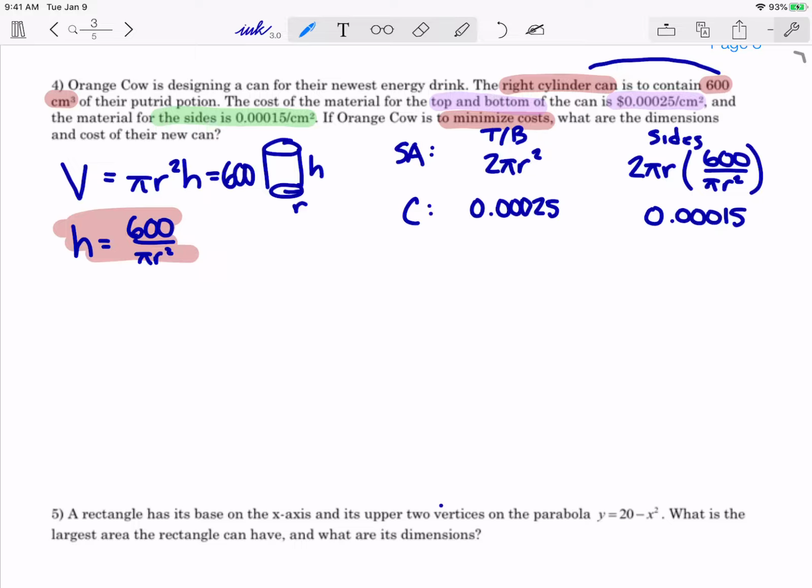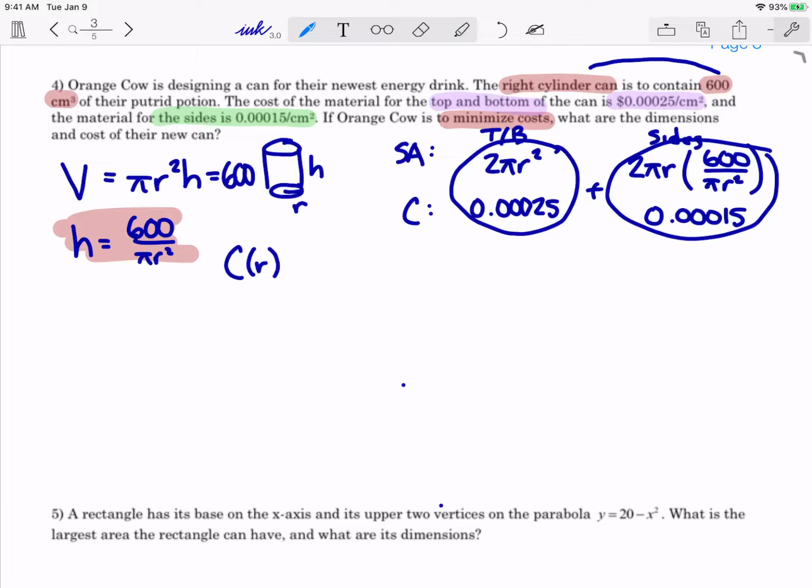All right, so then what is the ultimate cost? Well, I've got to multiply these numbers together and these numbers together, and then add that result to get my cost function. In this case, my cost function will be in terms of r. So my cost function in terms of r, again, this is with simplification, multiplying these out.